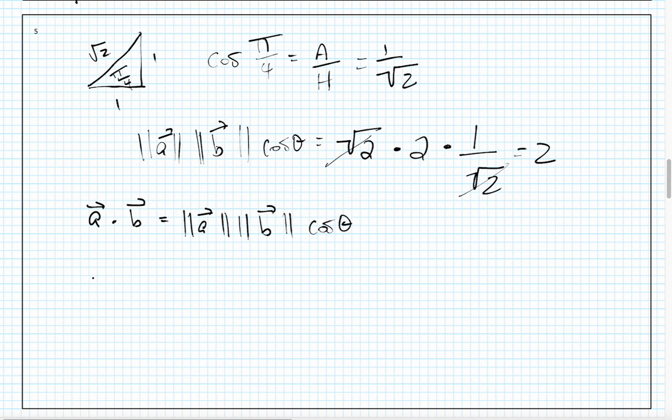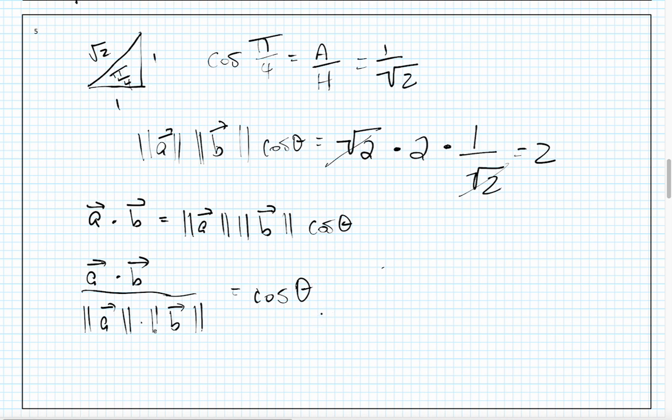Well, that says to me that A dot B over the magnitude of A times the magnitude of B is equal to the cosine of theta.